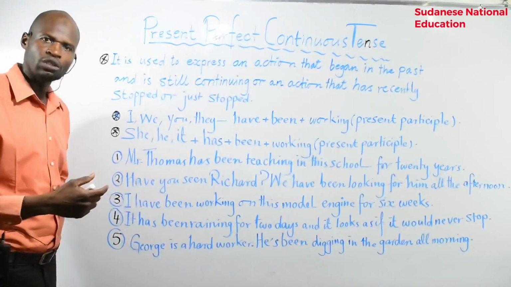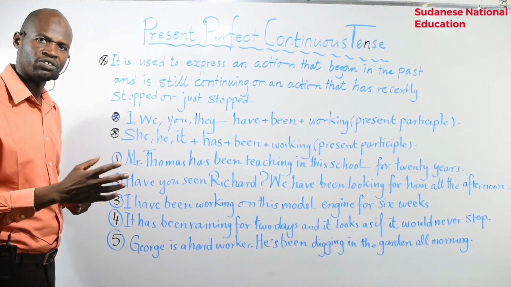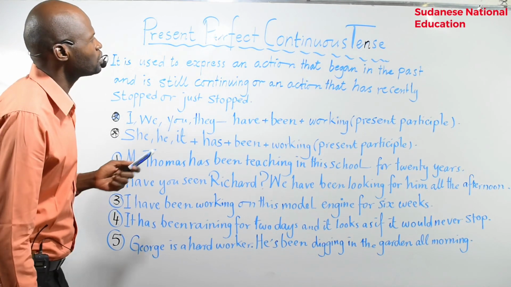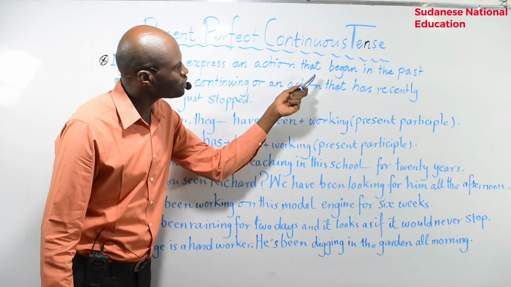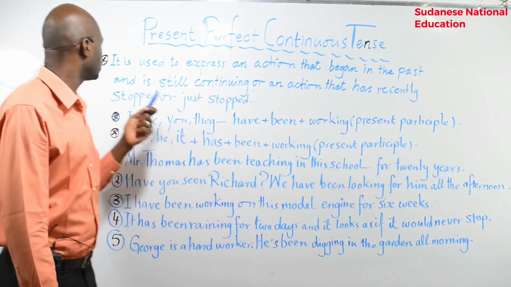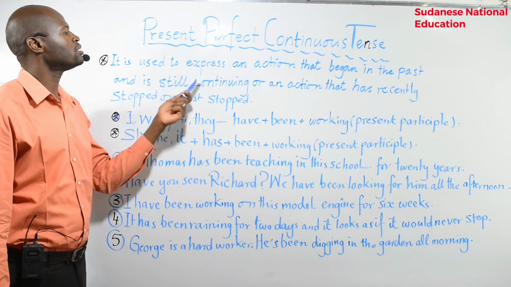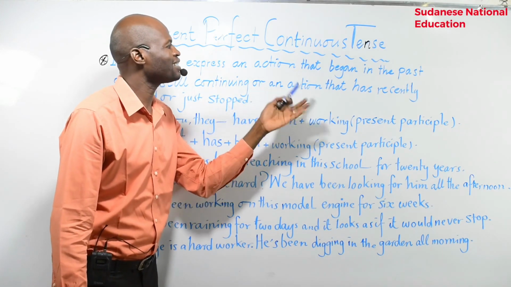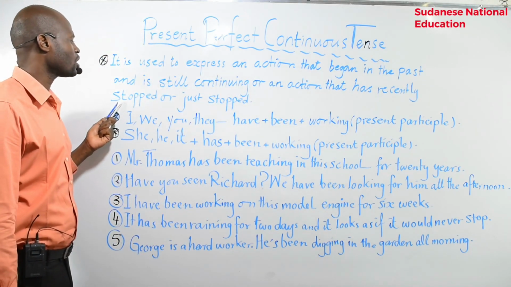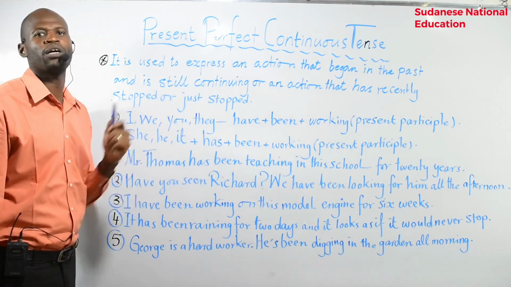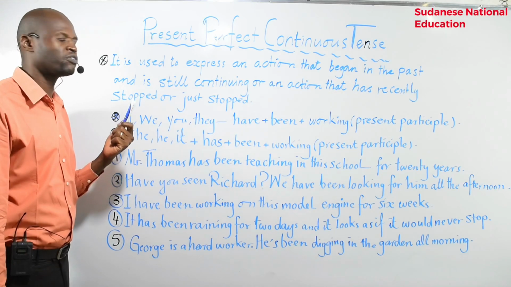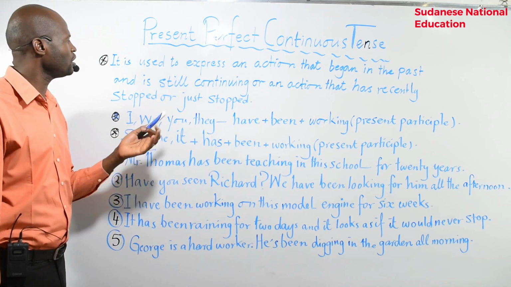It is used to express an action that began in the past and is still continuing, or we can use it for an action that has recently stopped or just stopped. So there are different situations in which we can use present perfect continuous tense.